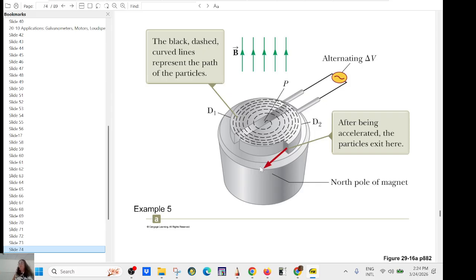Except it's more expensive, so insurance will not pay for it unless it's a desperate case. Otherwise, they say, do the X-ray therapy first. But proton therapy is a very nice way to kill a tumor because you take the proton, you accelerate it, make it go faster, boom, inside the person.